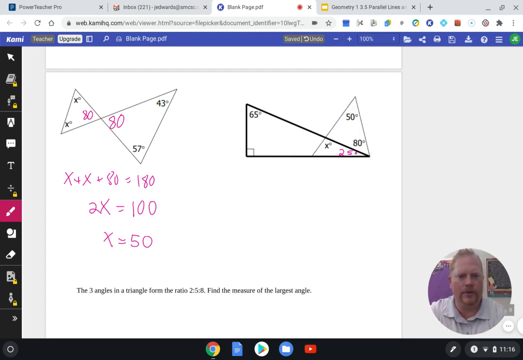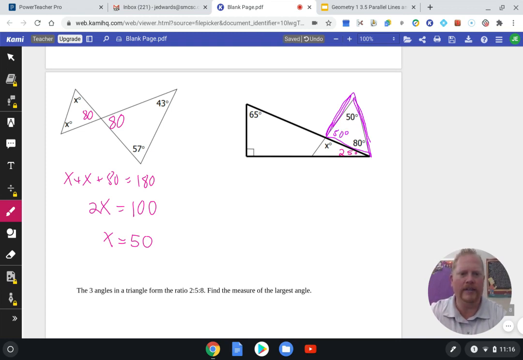I'm going to take this triangle and say that if those two add up to be 130, subtract that from 180, and we're looking at 50 degrees right here.